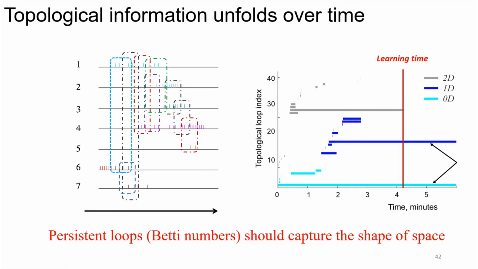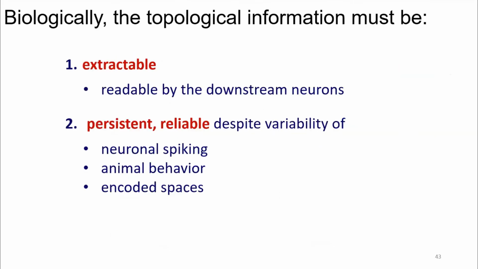Now, the idea is, of course, that if I'm going to apply this to describe the information dynamics, information that is produced by place cells, I would imagine that these persistent loops, this information should capture the shape of space. And once again, the key word here is the word should. But will it or will it not? It's a question. Because if you think about it, if this approach has any meaning, if it applies to biological systems, then we can right away say two things.